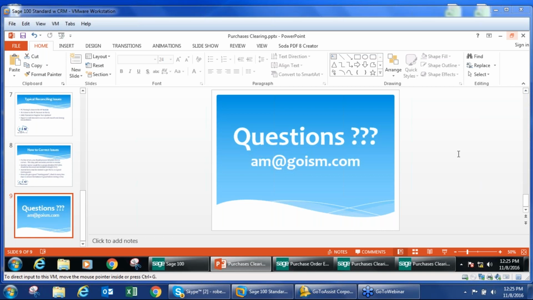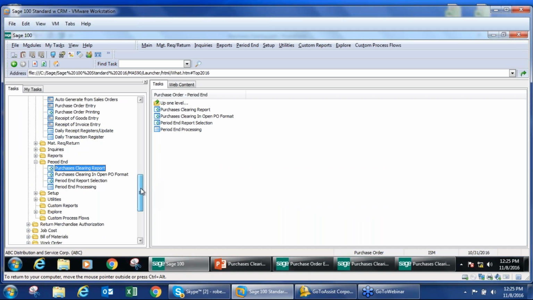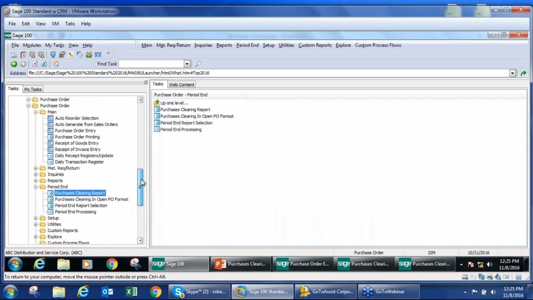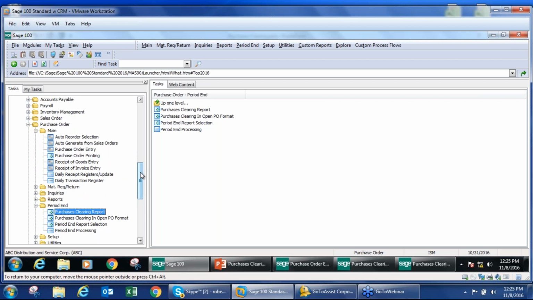Okay, great. Sorry. So let me just confirm. Are you using the inventory module? No. Okay, so that means you're just using purchase orders to record non-inventory items. That's correct. Now, when you're using that, you're not really dealing with the purchases clearing GL accounts that we discussed in this section.